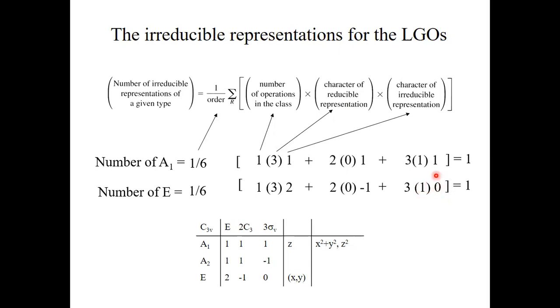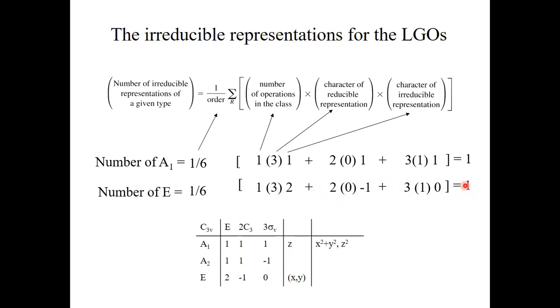And the character of the irreducible representation is in this case 0. So this is this 0 here. Now you see that this gives 1/6 times 6 plus 0 plus 0, and that's 6/6, which is again 1.